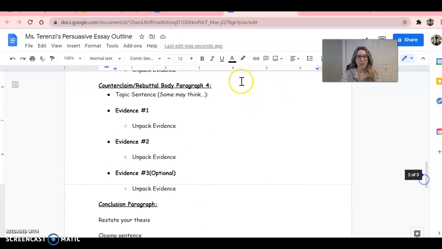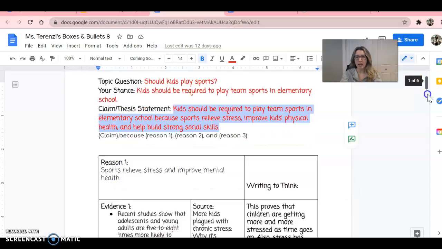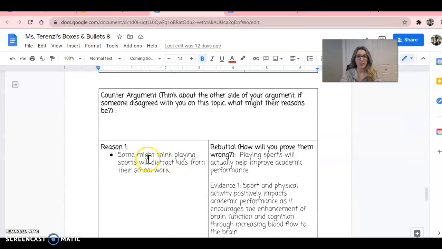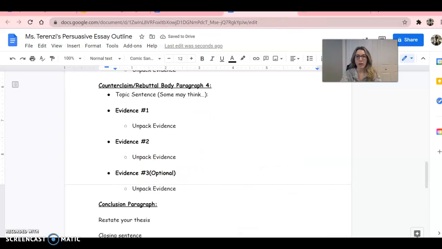Now, finally, I need to come up with a topic sentence for my counterclaim. So I'm going to go back to my counterclaim, and I remember my counterclaim was that some might think playing sports will distract kids from their schoolwork. So this is where I'm going to write my, now I suggest you start out with the sentence starter, some may think, or you could start off with, it is often thought that, it might be believed that.